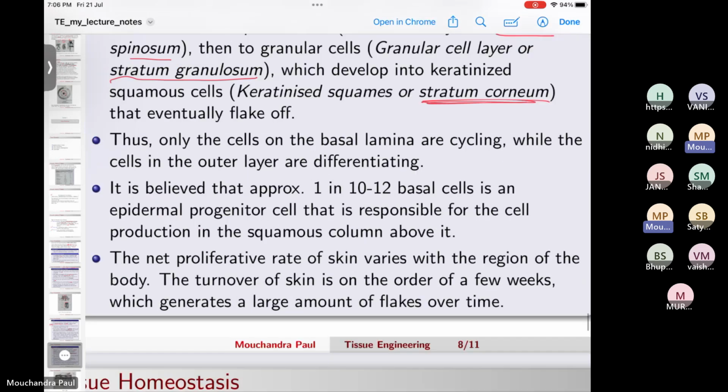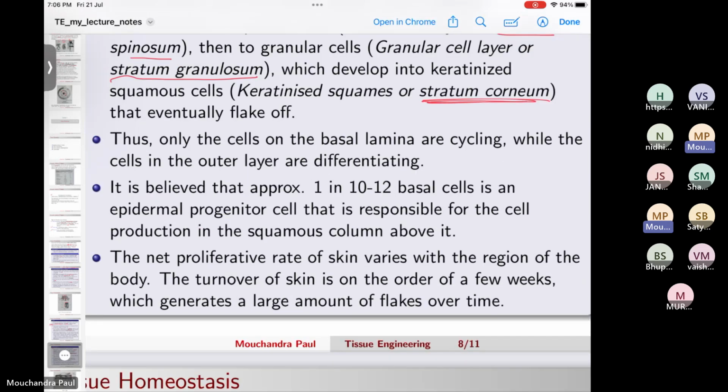So one should note that the cells that are present in the basal lamina, or on the top of the basal lamina, that is the cells in the basal cellular layer, only those cells are cycling, meaning only those cells have the potential to divide, whereas the other cells present at the top of the basal cell layer, stratum basale, are differentiating.